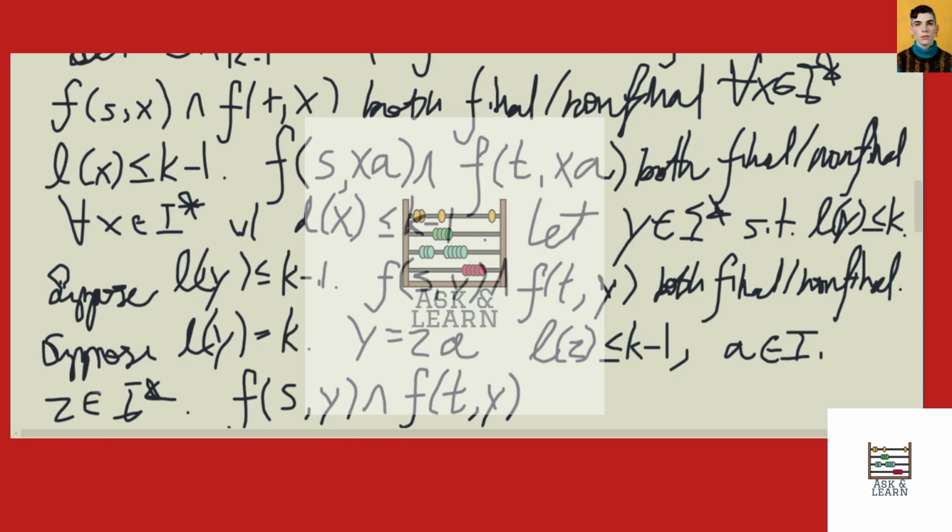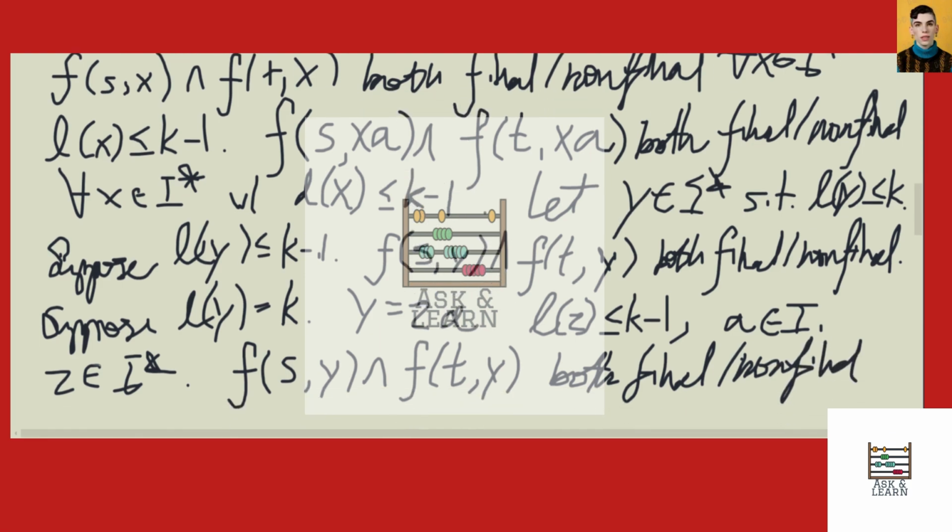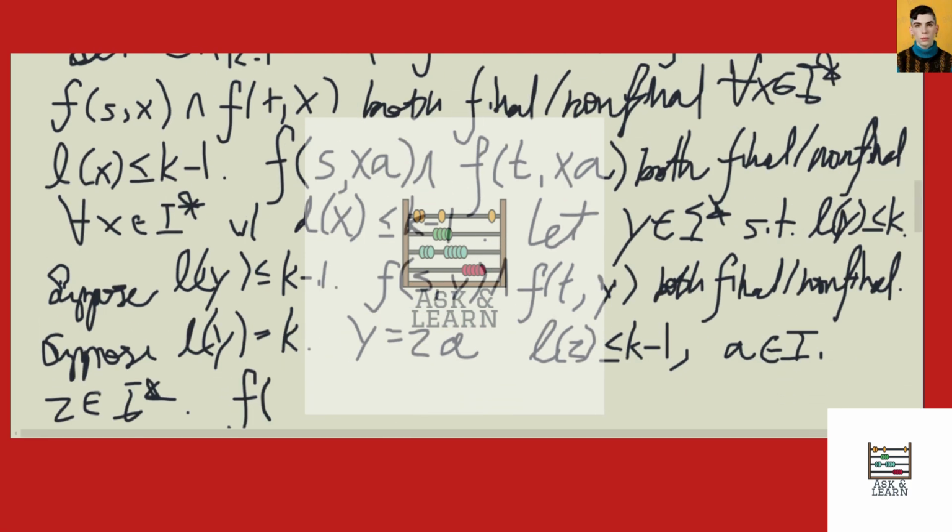We know that f of s a is k minus 1 related to f of t a, and therefore it follows that f of s y and f of t y are both final, or are both non-final.